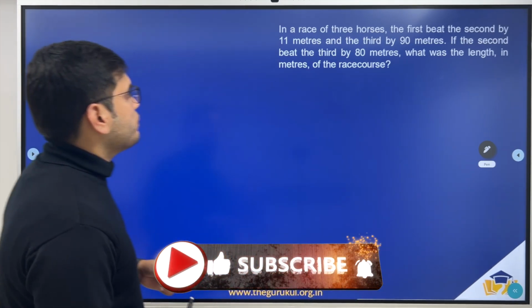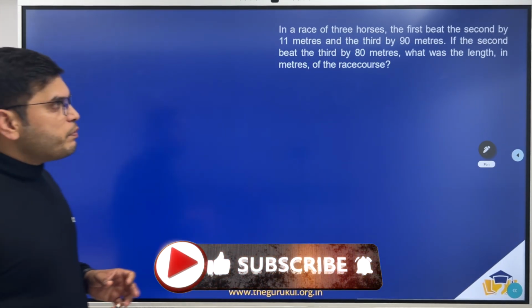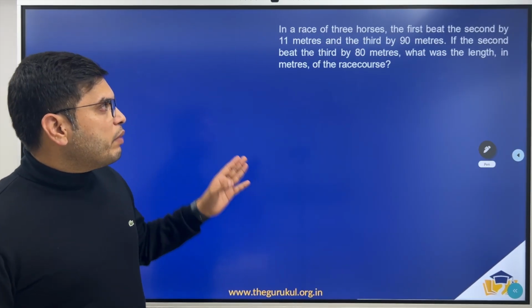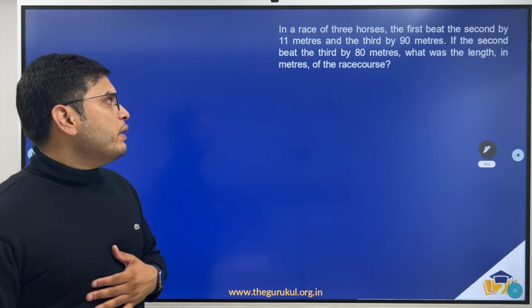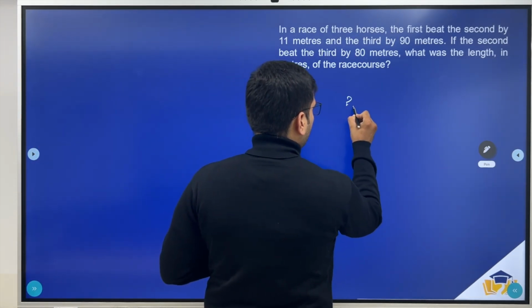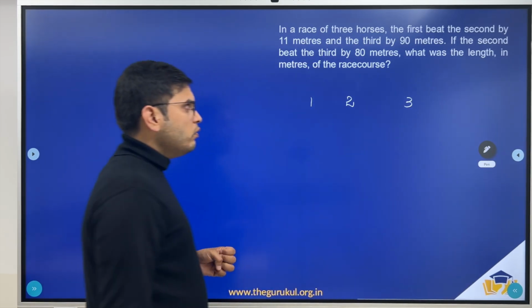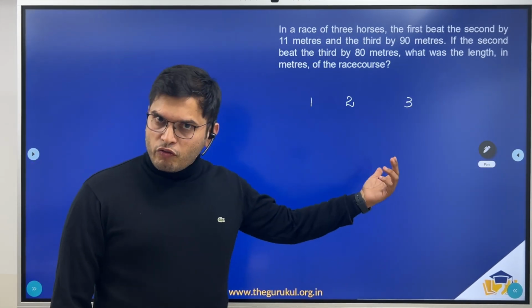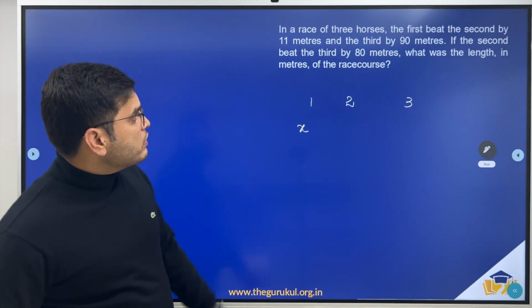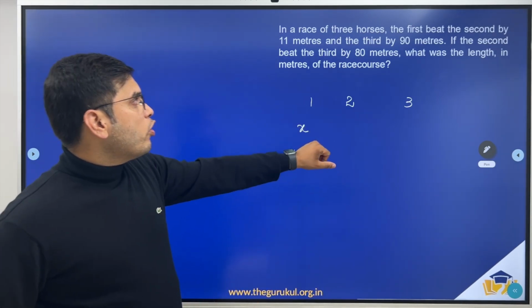Now coming to the third question. In a race of 3 horses, the first beat the second by 11 meters and the third by 90 meters. If the second beat the third by 80 meters, what was the length in meters of the race course? So we have 3 horses, 1, 2, and 3. Now let the length of that race course be x meters. So if you have first horse traveling x meters, that beats the second horse by 11 meters.